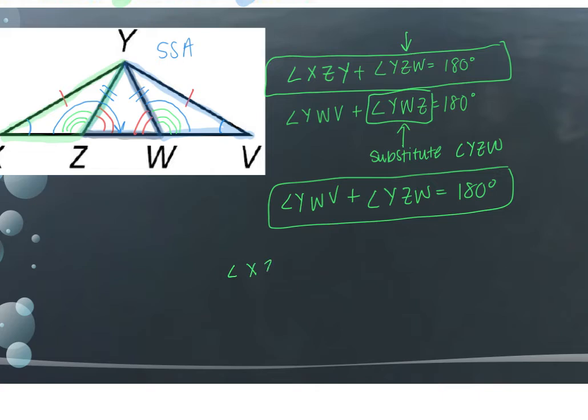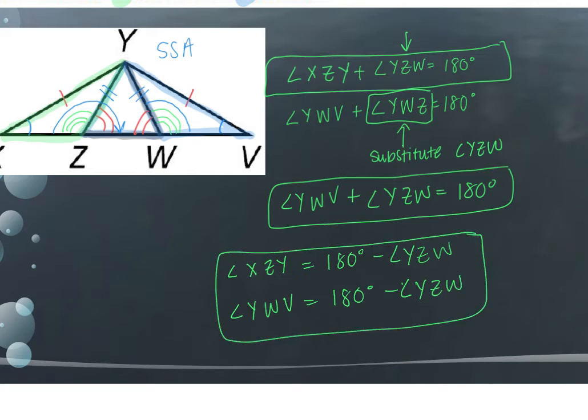Angle XZY, if we subtracted YZW from both sides, we would get XZY equals 180 minus angle YZW. If we did the same thing to the second equation, angle YWV equals 180 minus angle YZW.